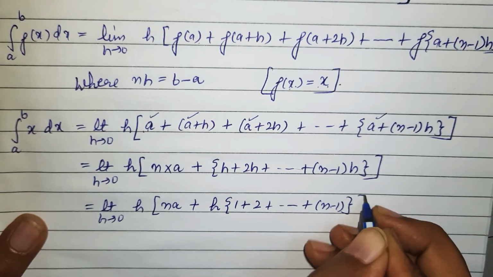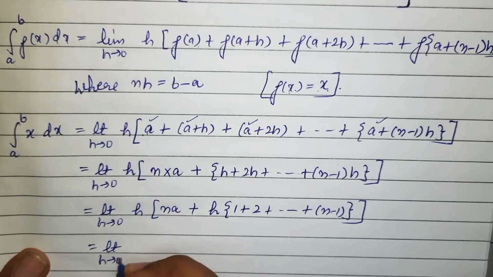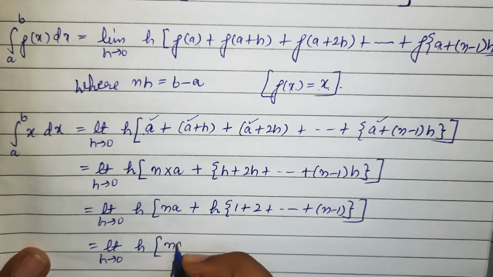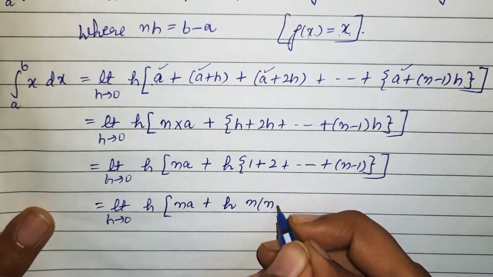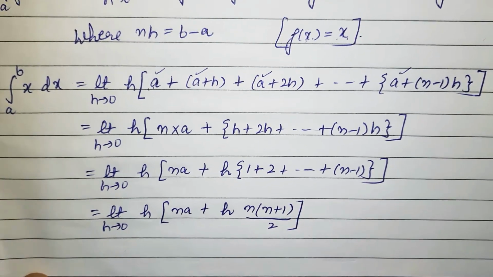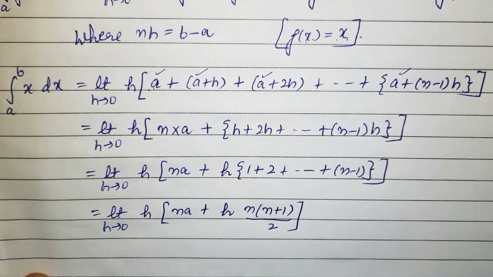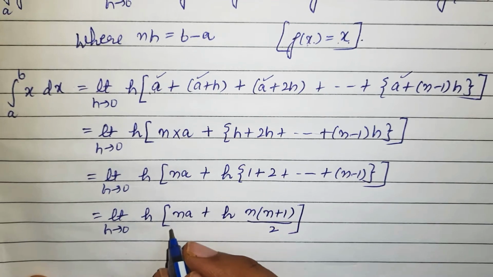I told you that this formula I need to apply. The formula is n(n minus 1) by 2, and this formula you have applied. Now what you need to do? The number of h should be equivalent to the number of n.